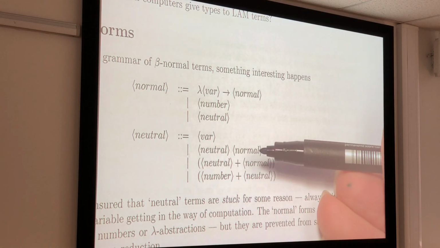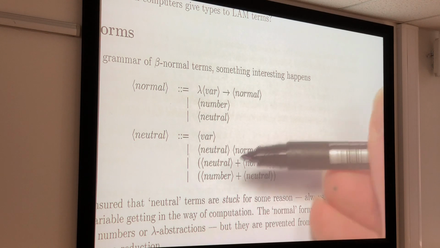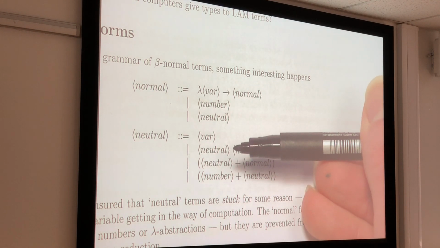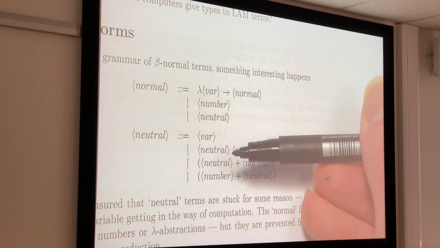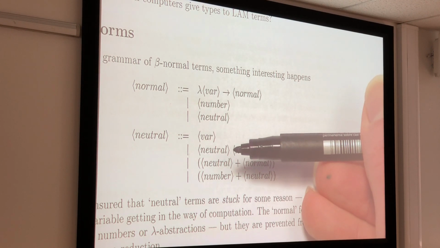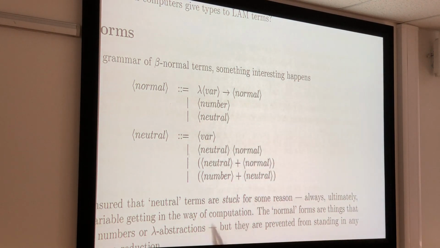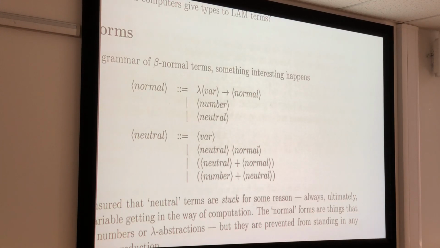An application is stuck if the function got stuck on the way to being a lambda. You can see, in an application, the function has to be neutral. That stops the function being a lambda, which means there's no way to write down a beta redex.